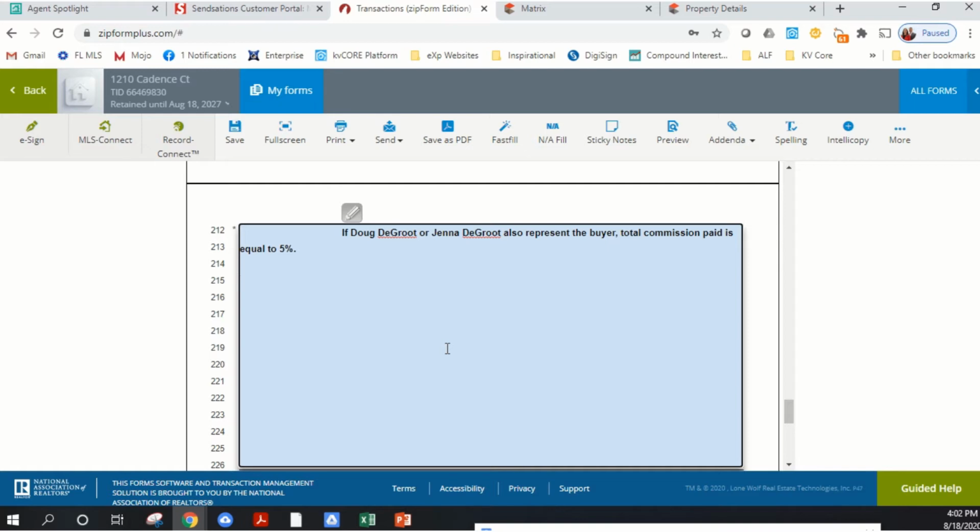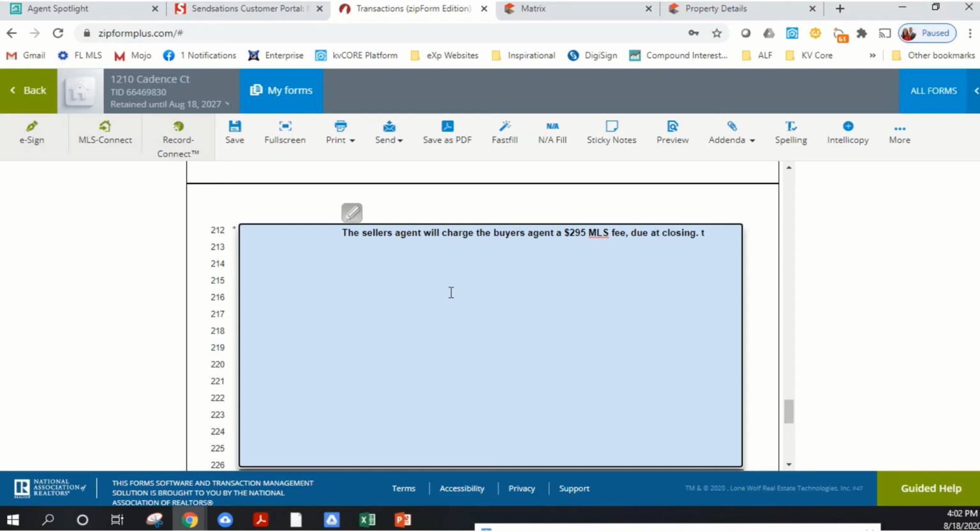The other thing I always write in here, I'm not writing this in here right now because I haven't sat with them yet. I'd be willing to do that if that's what they want: the seller's agent will charge the buyer's agent a $295 MLS fee due at closing.